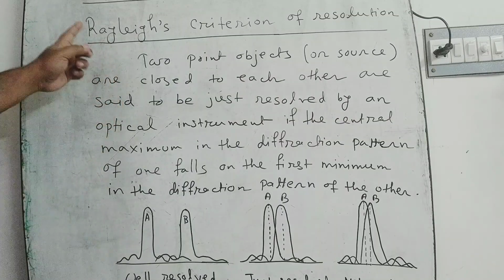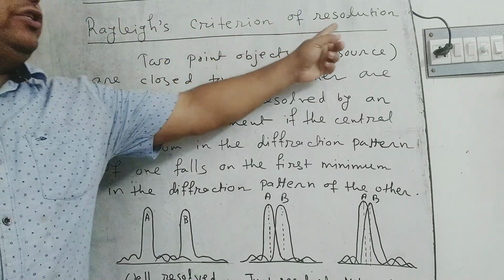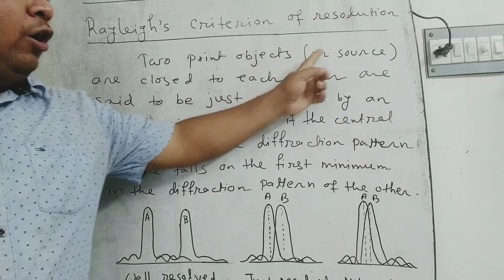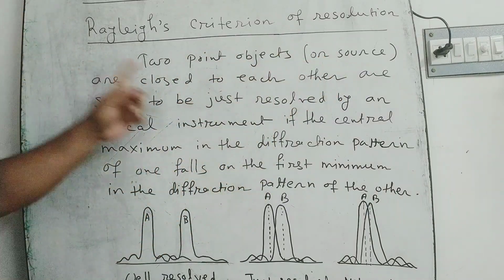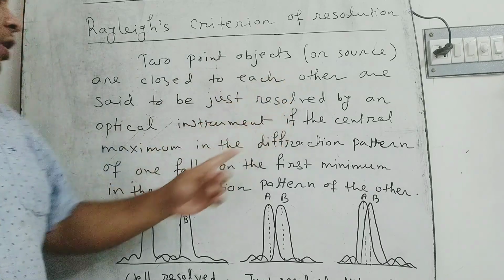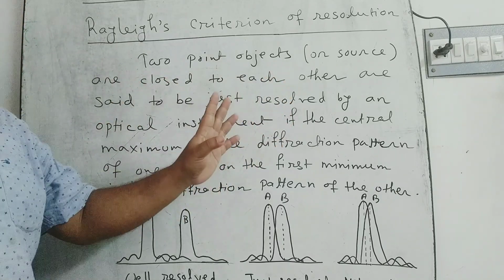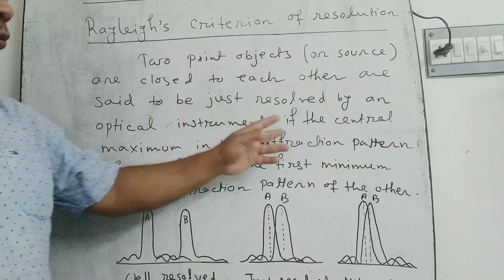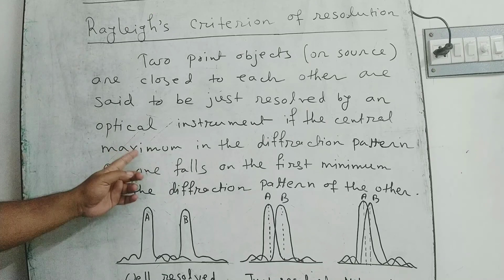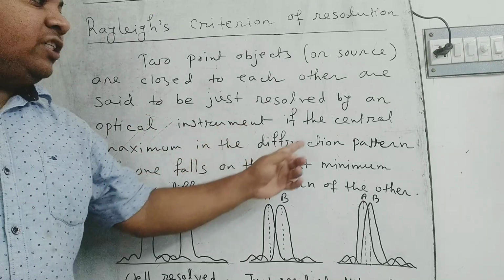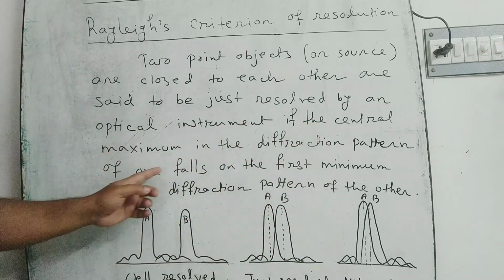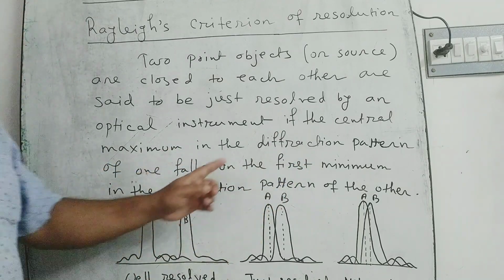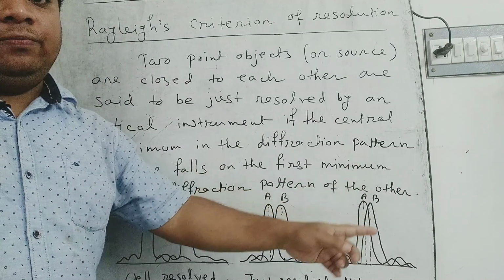Now, Rayleigh's criterion of resolution. Two point objects or sources, close to each other, are said to be just resolved by an optical instrument if the central maximum in the diffraction pattern of one falls on the first minimum in the diffraction pattern of the other.